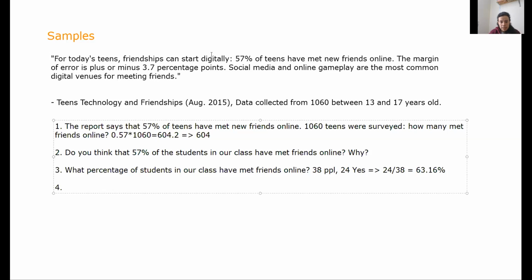The next question that I want to ask is, do you think 63.16 is closer or further away from the actual percentage for all of Canadian teenagers?